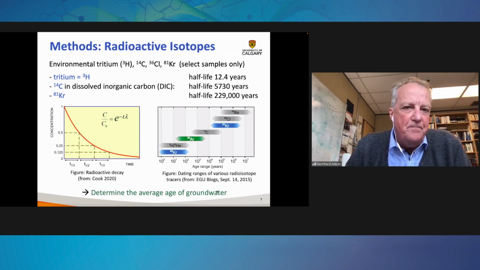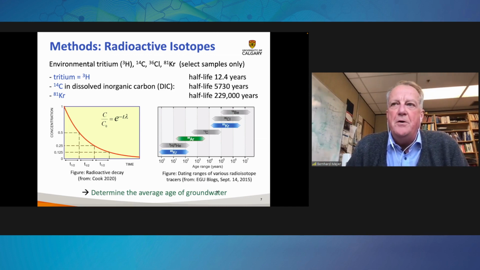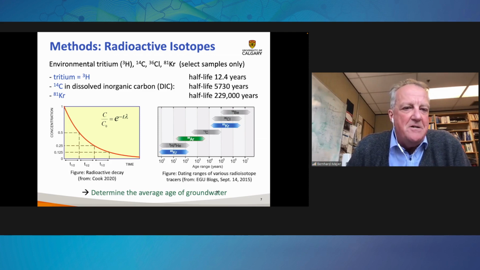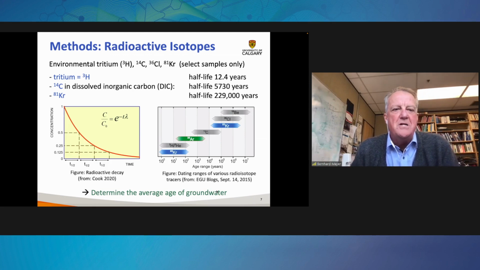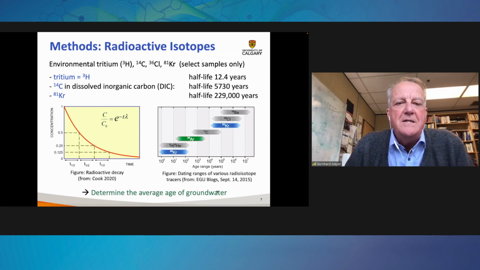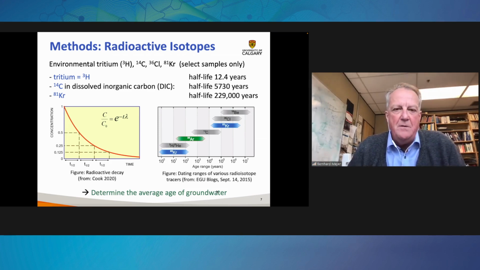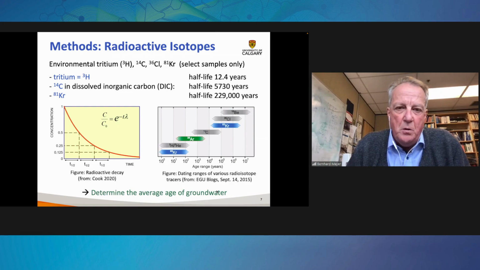For tritium, the half-life is 12.4 years, and we can date groundwaters as old as 70 years. For carbon-14, the half-life is 5,730 years, and we can date groundwaters as old as 40,000 years. If groundwaters are older than that, we move to krypton-81, which has a half-life of 229,000 years. This tracer allows us to date groundwaters as old as 1 million years or more.